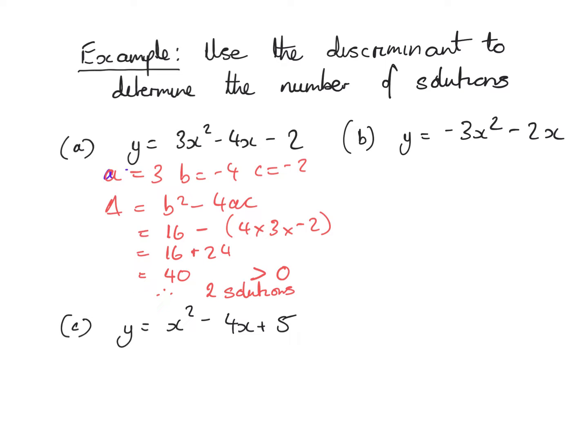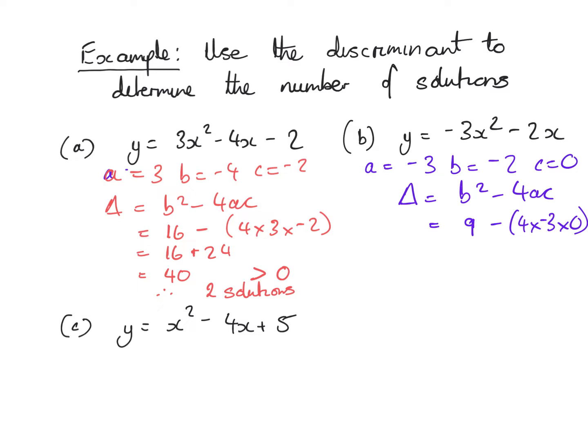Alright, another one. So here A is equal to minus 3, B is equal to minus 2, and there is no C value. We're looking for the discriminant. Discriminant is b squared minus 4ac. So b squared is minus 3 squared, which is positive 9, minus 4 times minus 3 times 0, because remember C is 0.